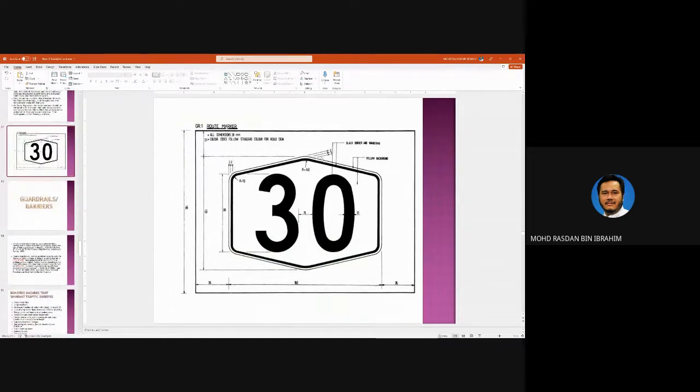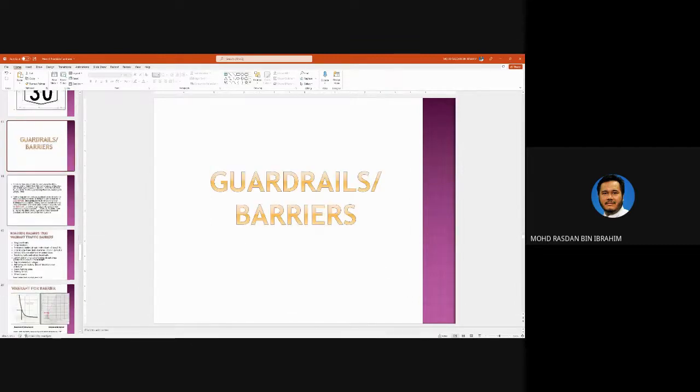So you can see here the angle and all that is already outlined. It is interesting, all these old drawings from JKR are actually drawn by hand. When I was a student in the 90s, I could still see JKR draftspersons drawing plans by hand. Let's say you have plans for schools.